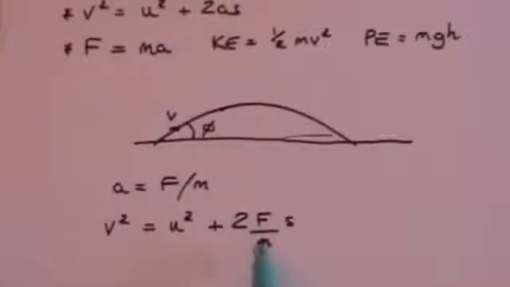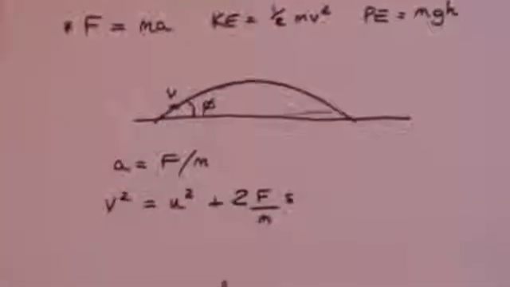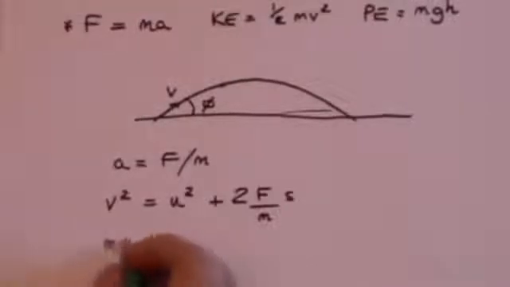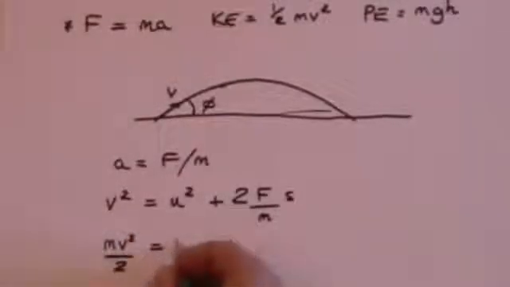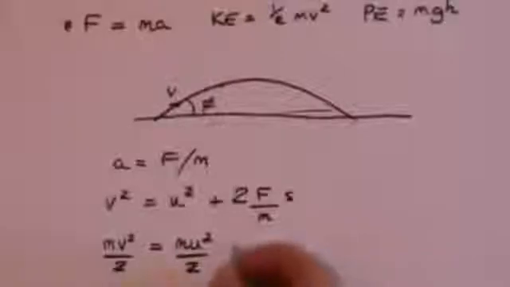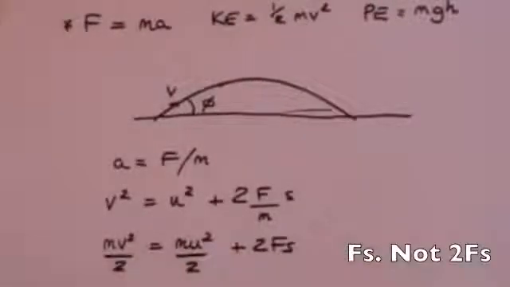Now if I multiply through on all sides by m/2, I will get mv²/2 = mu²/2 + 2Fs, simply by multiplying through by m/2.